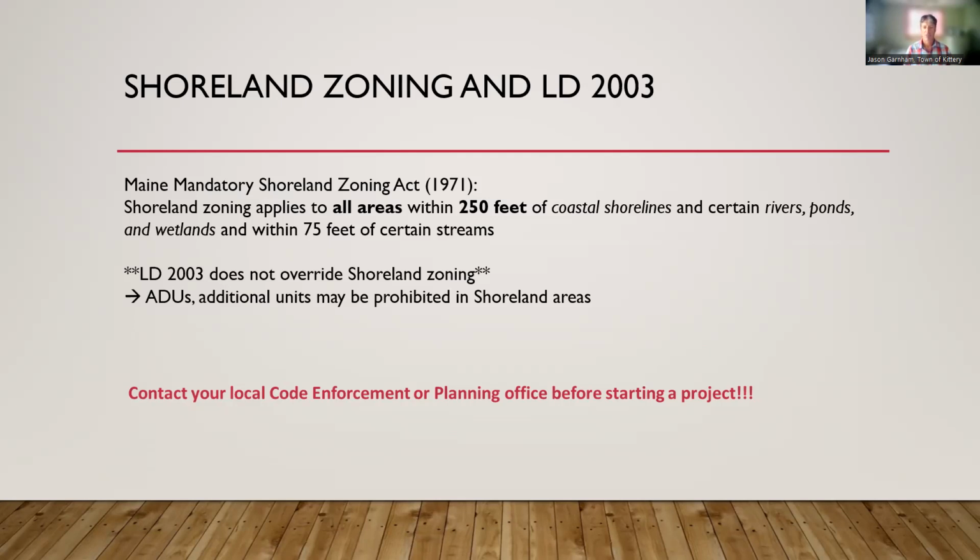And you can see it's 250 feet within coastal shorelines, 250 feet of certain rivers, ponds, and large wetlands, and then within 75 feet of certain streams. Certainly here in Kittery, we have a lot of coastal shoreline, shoreland zoning areas.